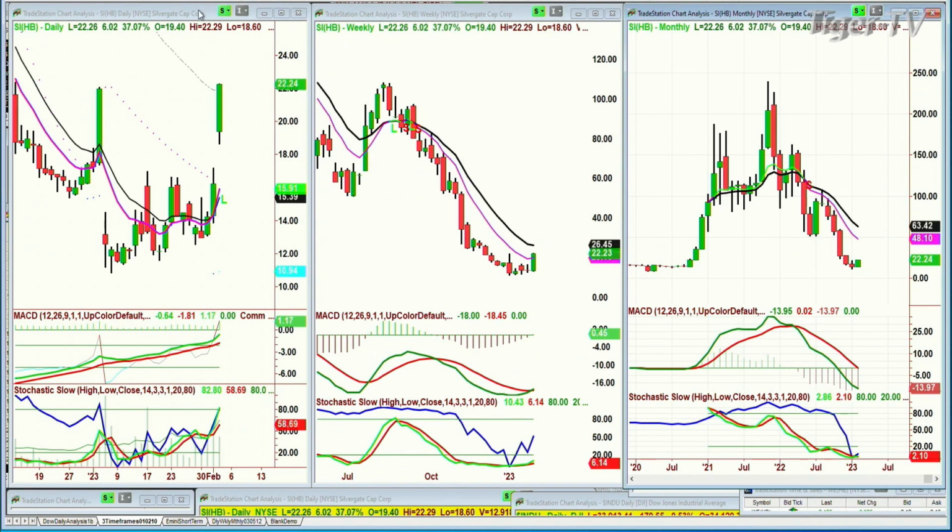It's either a golden pleasure maker, or a heartbreaker. Because when it's on the way down, it just goes down. It went from 100 and something down to 10. I would say that's a 90% decline. But when it goes up, it does exactly what it's done today. It's up $6, up 37% at 22.19. SI is the symbol, and it's called Silvergate Capital Corp.